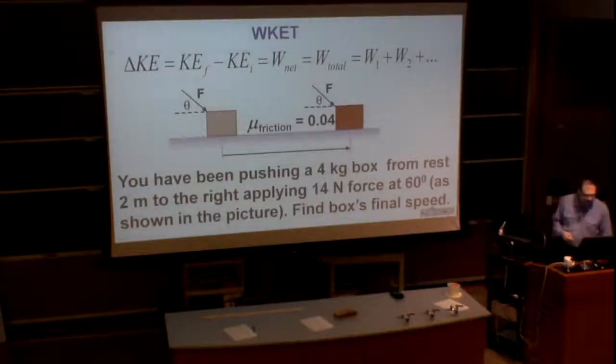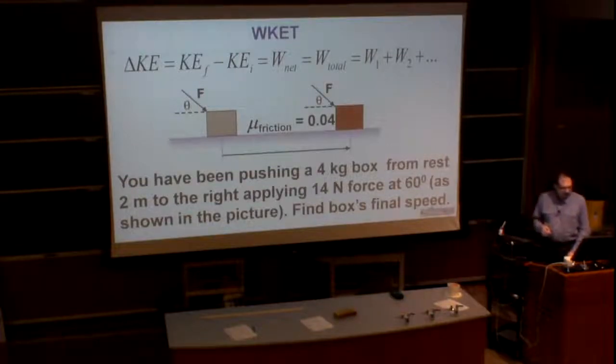Well, we've seen this picture before. Now we just have to apply the law of conservation of mechanical energy, or Work-Kinetic Energy theorem, or master equation to calculate the final speed of this box after it has been pushed for a long period of time.